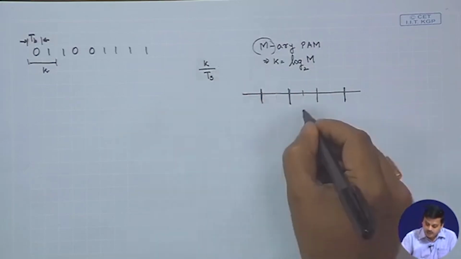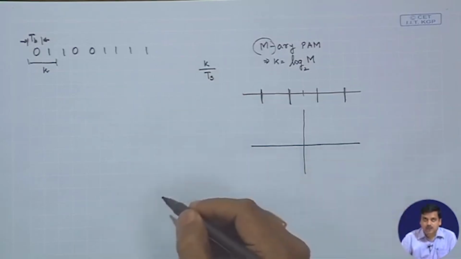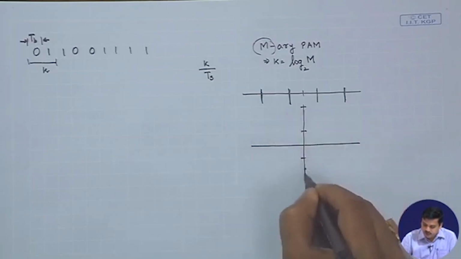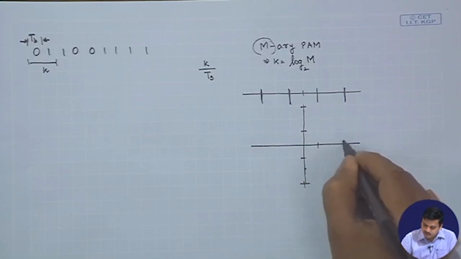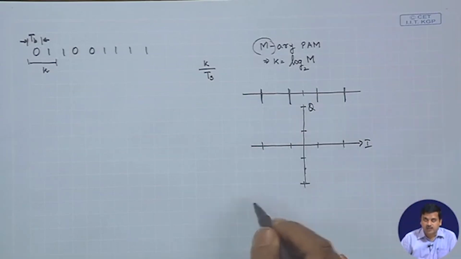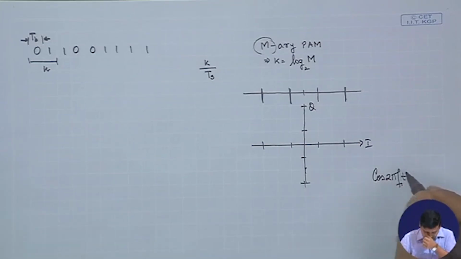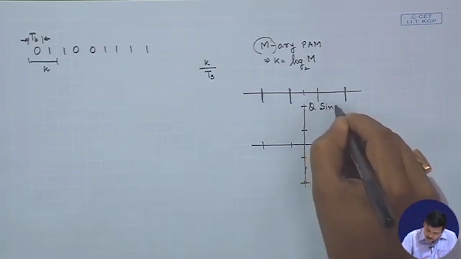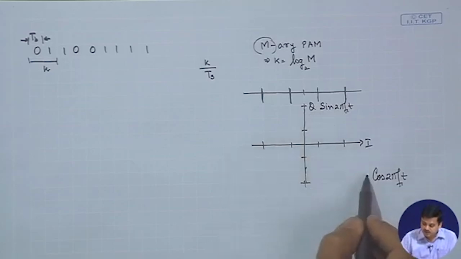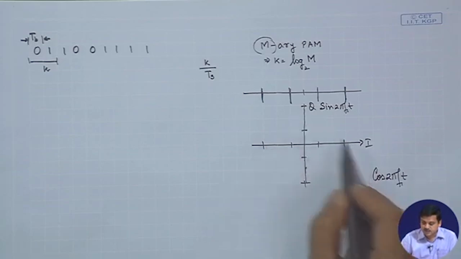When we go to QAM, we are using the same bit duration, and you could use the Q axis to send additional bits, because the I channel and the Q channel are orthogonal to each other. We did mention that if you are using cos 2 pi f c t as the carrier in the I channel, you would use sin 2 pi f c t in the Q channel, and since they are orthogonal with each other, they will not interfere, and therefore you could send twice the number of bits compared to a PAM.